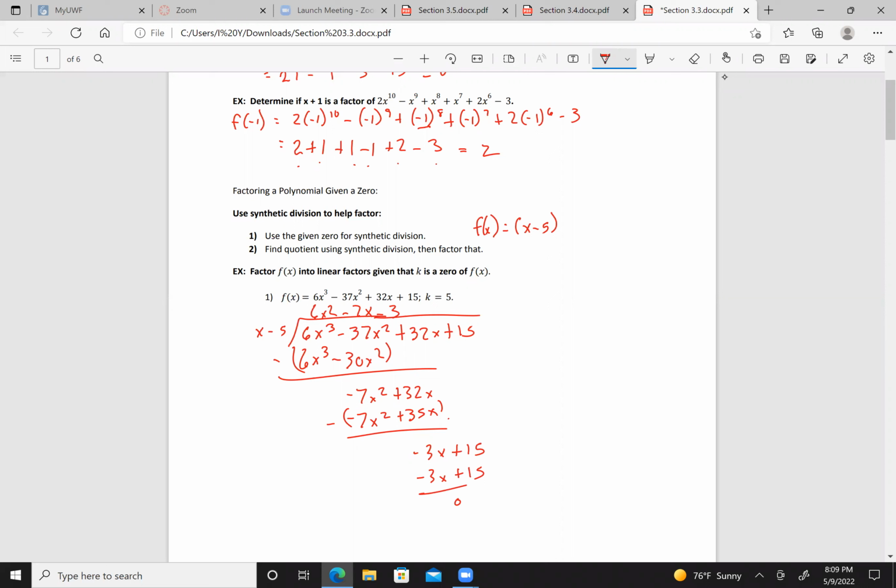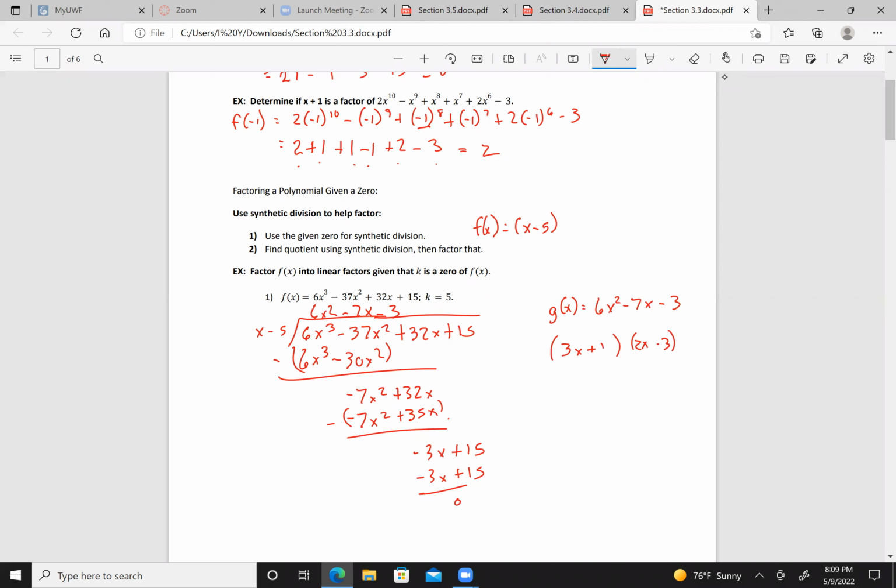Now, that leaves us with, we'll call it g of x for lack of better terms, 6x squared minus 7x minus 3. And this will factor to 3x minus 3, 2x plus 1. You can use your quadratic formula to help you.